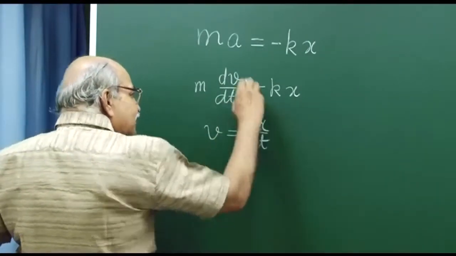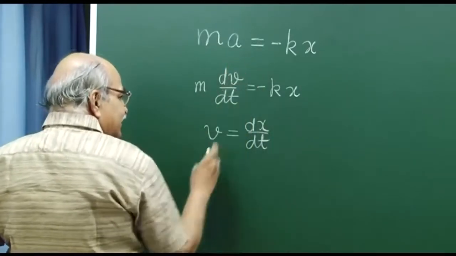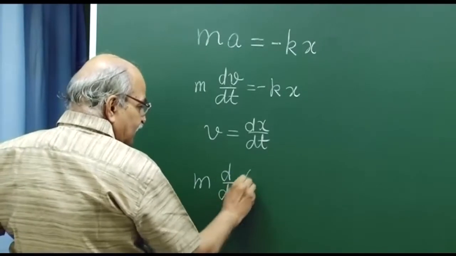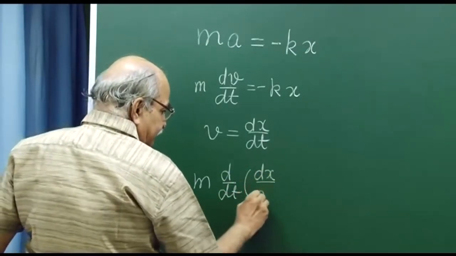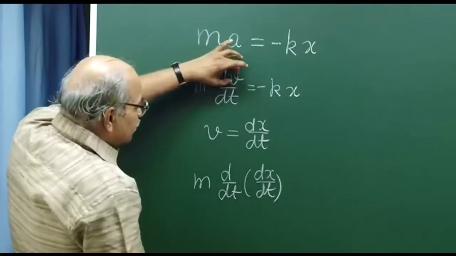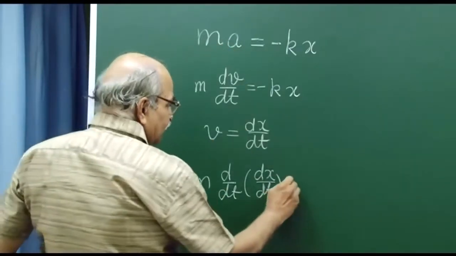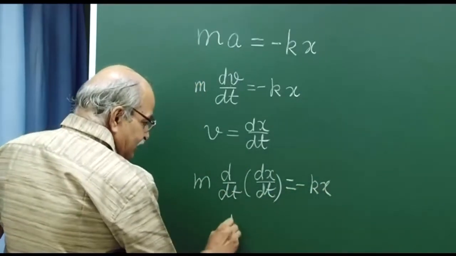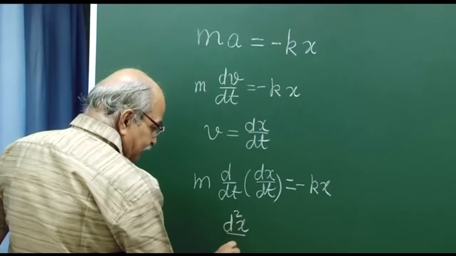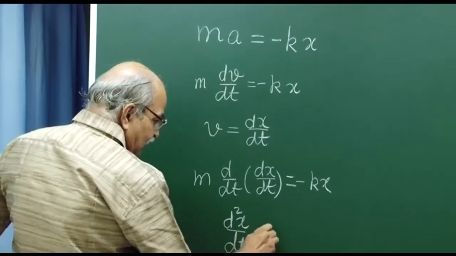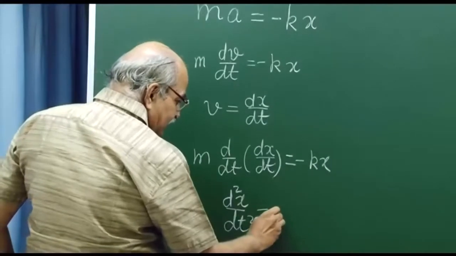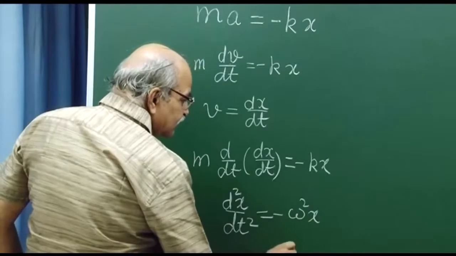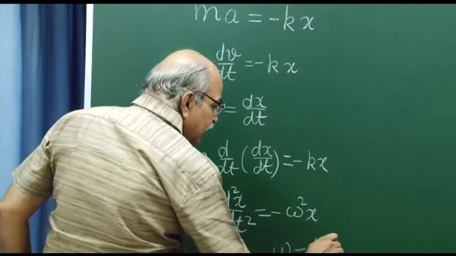If I put this here, the way it is written is m d/dt of dx/dt, in place of this v, is minus kx, and this is written as d2x/dt square. And if I bring this m here, it is minus omega square x, where omega is square root of k by m.